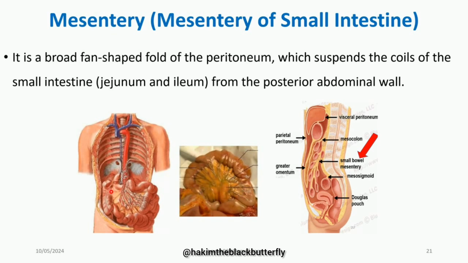So it is that broad fan-shaped structure. It runs from the posterior abdominal wall and suspends your intestinal structures freely within the abdominal cavity, as you can see here. That is the mesentery.